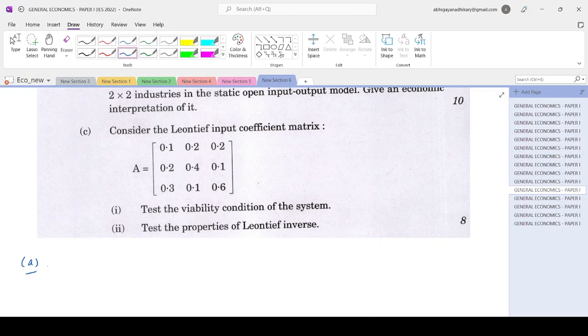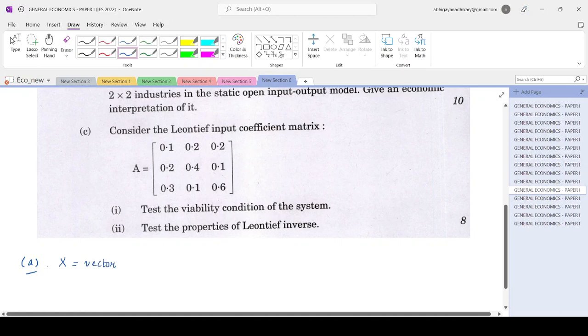So what basically happens is that, without going into much of the details of anything, let us suppose that x is the vector of output produced by different sectors or industries, whichever one you want to take.